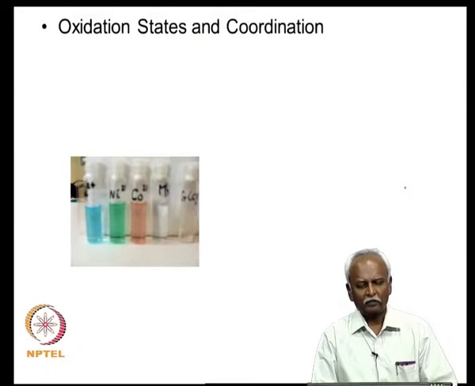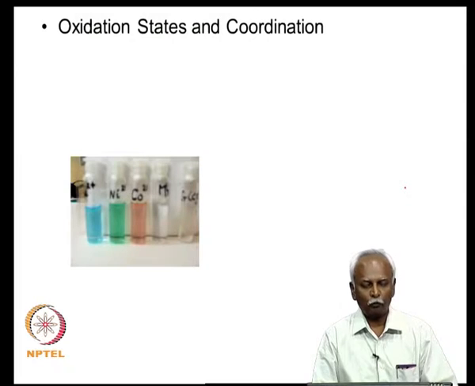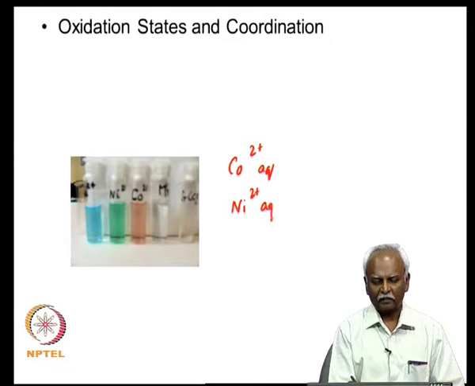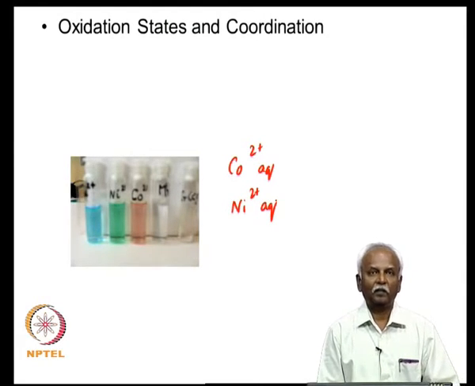Now, you will notice that in the Werner's coordination compounds that we have encountered, you have a variety of oxidation states. You might have a [Ni(H2O)6]2+, you can have a [Co(H2O)6]2+. So, it can be a cobalt 2+ aquo complex, or it can be a nickel 2+ aquo complex, and these complexes can be nicely colored.